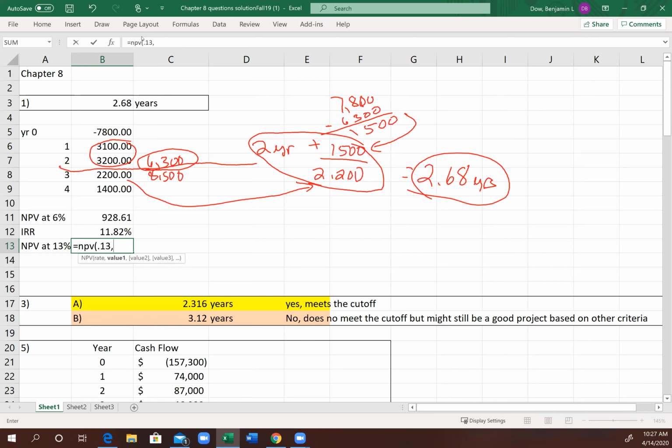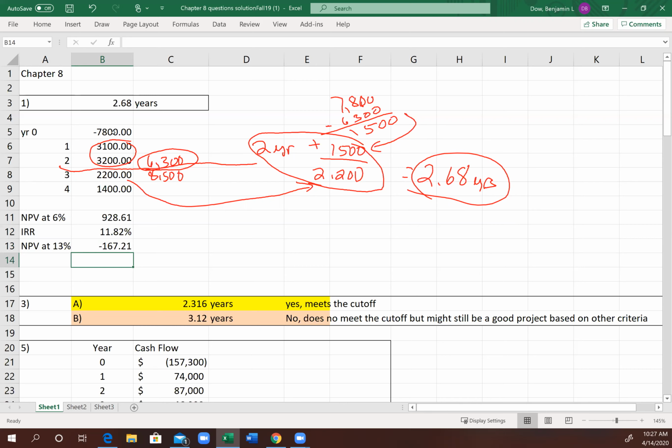I don't know how negative. But at 13%, the net present value would be negative 167.21.